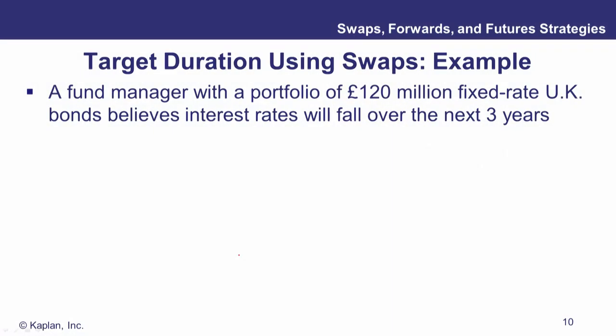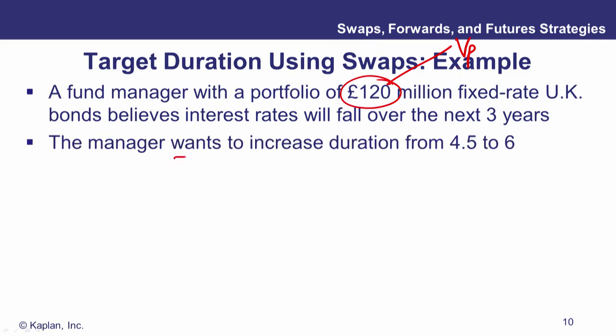So here's a scenario where we've got a fund manager with a portfolio of 120 million, that's VP, and it's fixed rate UK bonds, so fixed coming in. They think interest rates will fall, which is good, isn't it, if you've got fixed income, but you might want to extend your duration if you think rates are going to fall, so that prices go up by more.